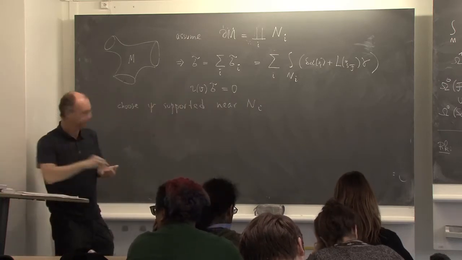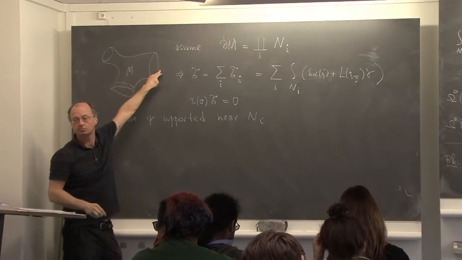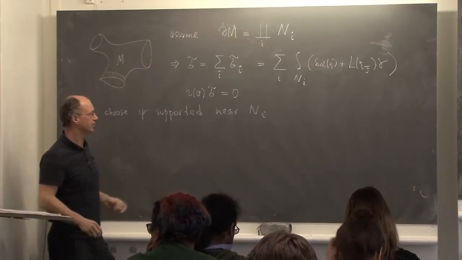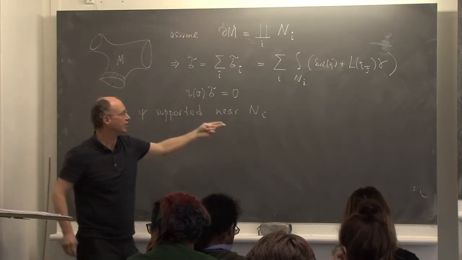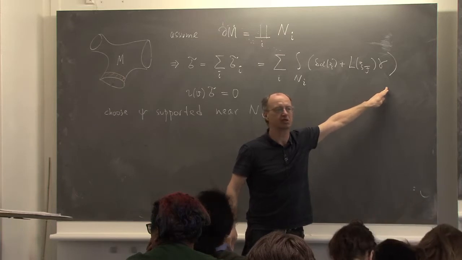So it's supported somewhere here, and it's 0 near all the other boundary components. The same locality argument tells you that all the pieces have to vanish separately.